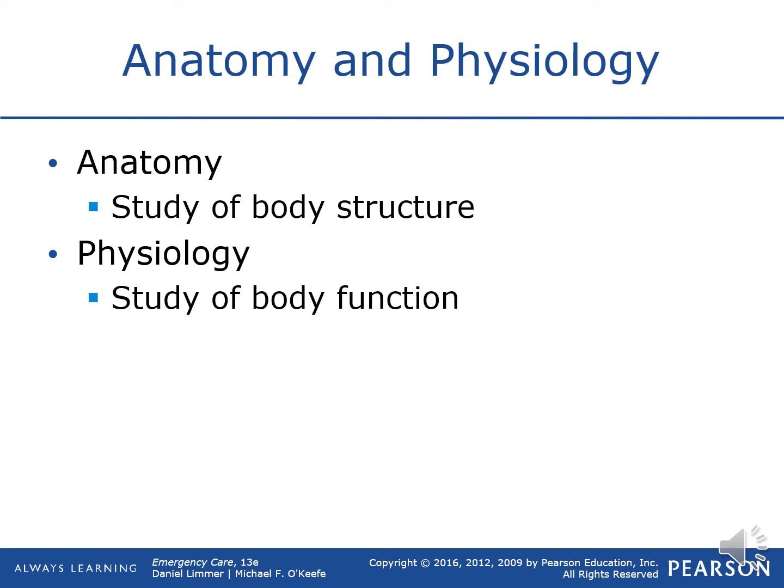So anatomy is saying your heart is shaped kind of bigger at the top and then comes down into a tiny apex at the bottom and is located on the left side of your chest. That's the anatomy of the heart. It's the size of the structure and where it's located. Physiology is how it functions.